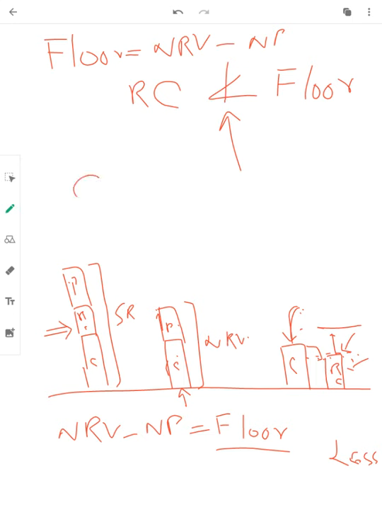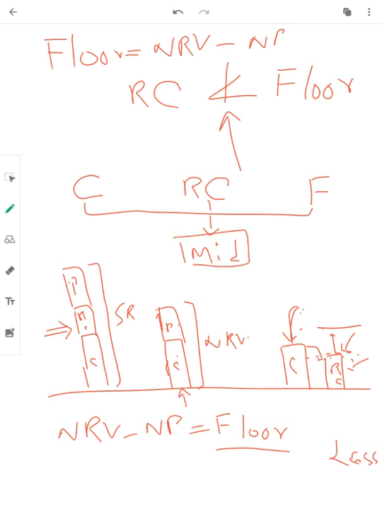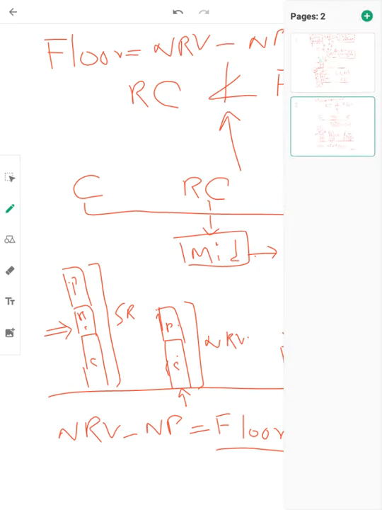So we have the ceiling value, we have the replacement cost value, and we have the floor value. And what we try to do here is find an optimal value. We try to find the mid value of all of them. Whichever value is the mid value, that will be compared to the cost. As you remember, you see in the slides it's also given, and I will explain it here also.